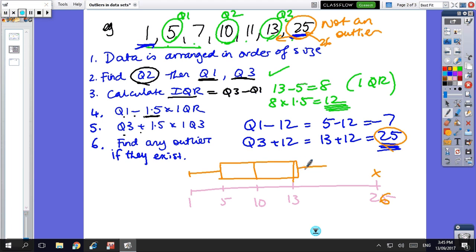That means there's no whisker in this particular case. The whisker and the top of the box are the same thing, and then the outlier is 26. If 26 was the data, we would just put a cross at the top. So let's hope in my next example I do have an outlier, but otherwise there were no outliers in that data set. Let's come across when you're ready.